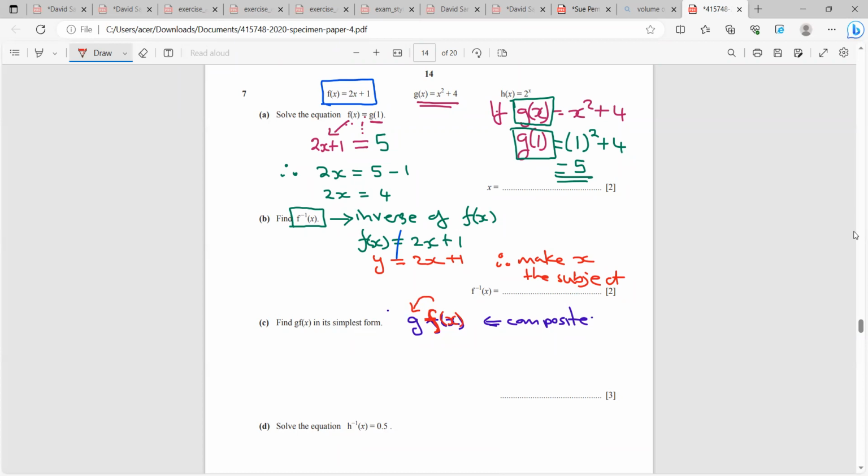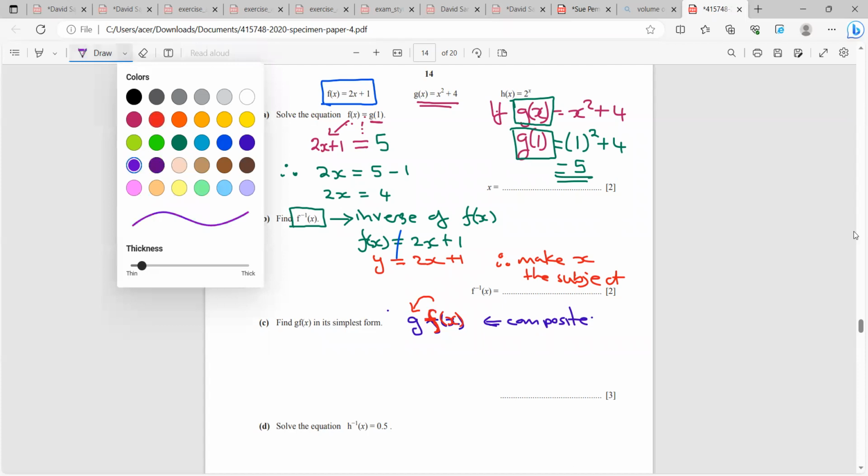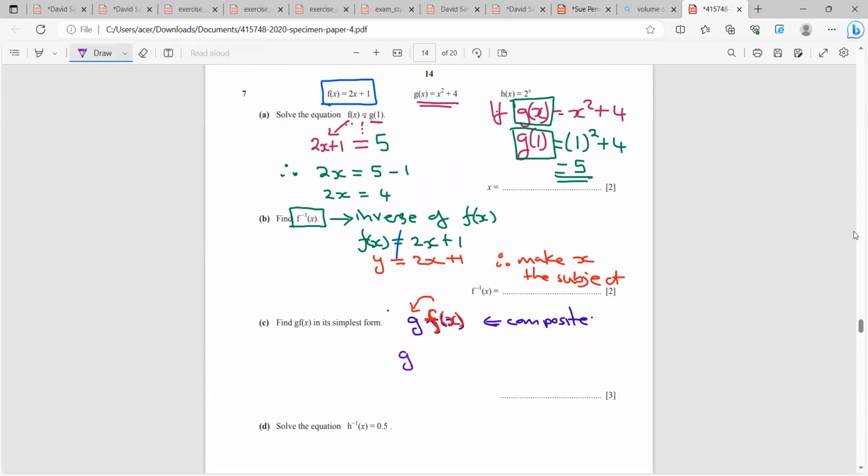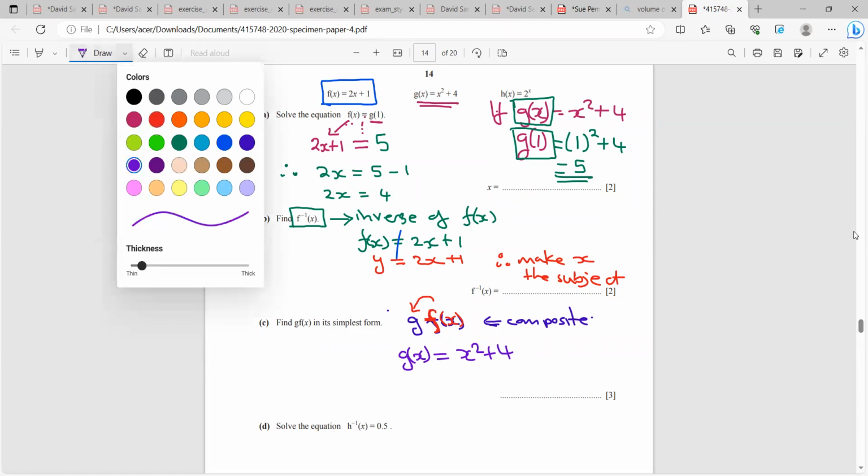So I'm gonna write down the parent. Our g of x is our parent, and g of x is x squared plus 4. Now inside g of x, we are going to put our child. And where are we going to put our child?